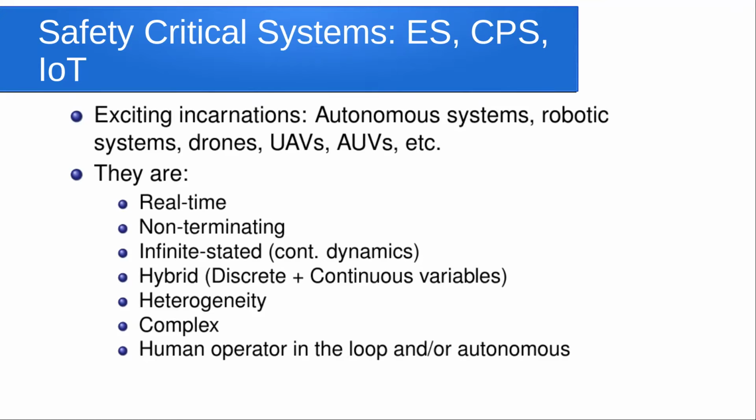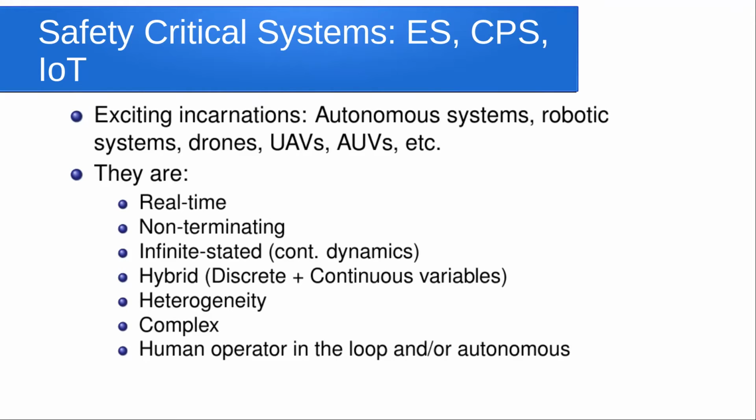Then, as we have seen, it has a plant that is behaving in a continuous fashion, and a controller that is behaving in a discrete fashion. So it has hybrid behavior. Then you have heterogeneity, which means that there are various components having varying characteristics that enable the overall system.